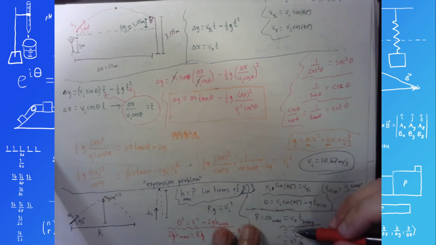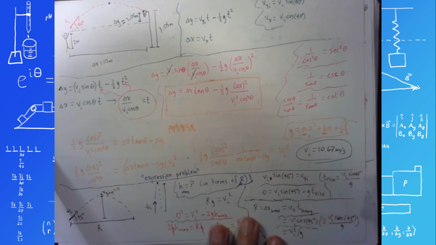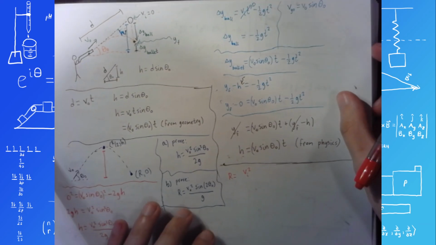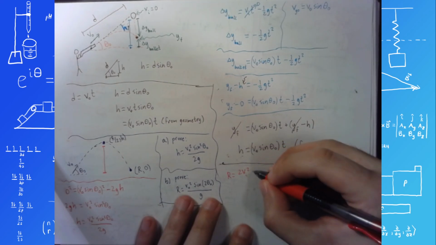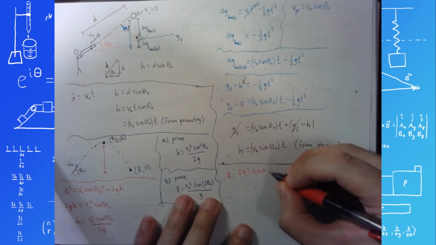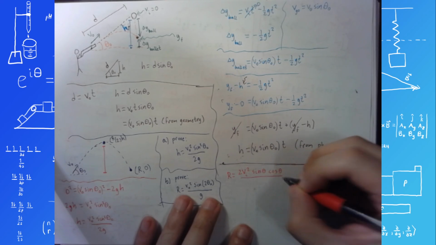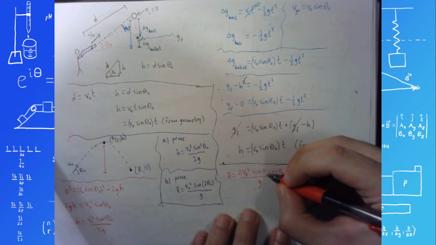And then we've got 2 sine theta cosine theta over g. So times 2 and times sine theta times cosine theta over g. And also, I should call this v0 because that's what they call it for this problem, and these are theta zeros.